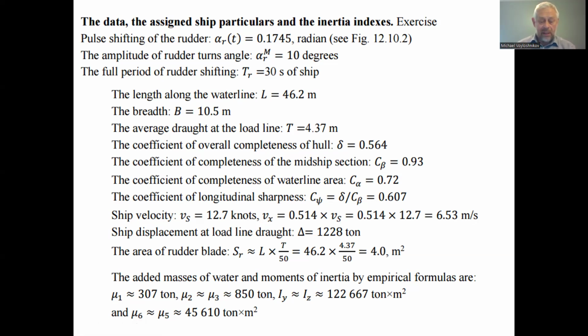As well, we can get the added masses of water and moments of inertia by empirical formulas. We got them in article 12.9. For other ships, the empirical formulas are indicated in article 12.2. And this is found for this one definite ship. We did that in article 12.9.